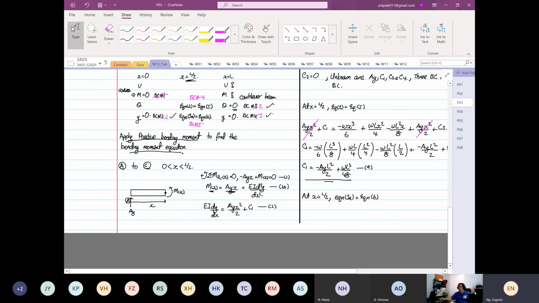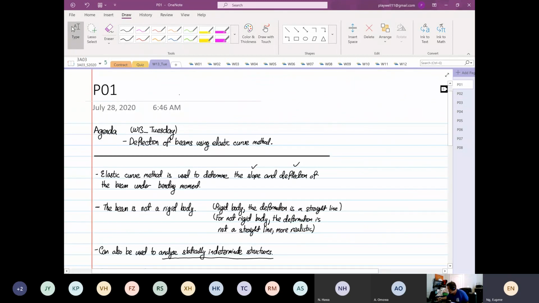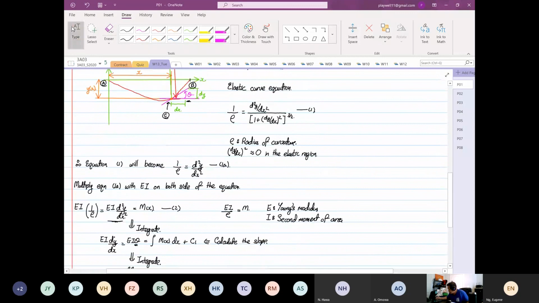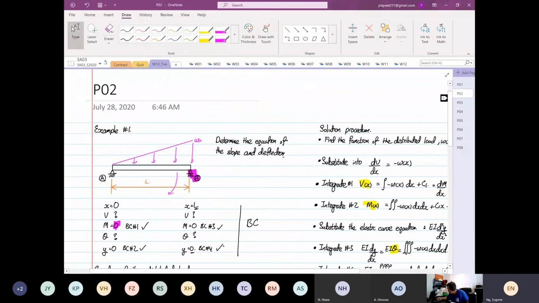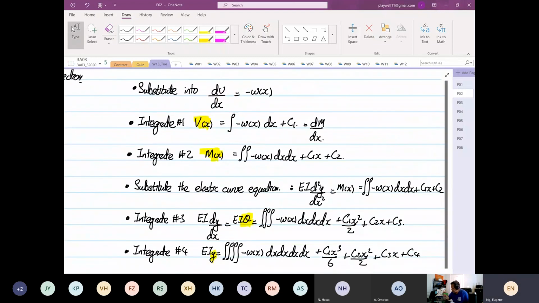Then after that, you form your bending moment equation, right? You see the solution procedure, this is critical. Then you go into your positive shear.